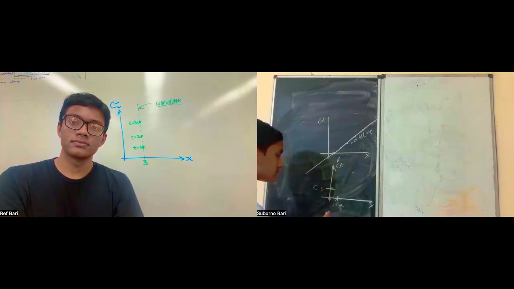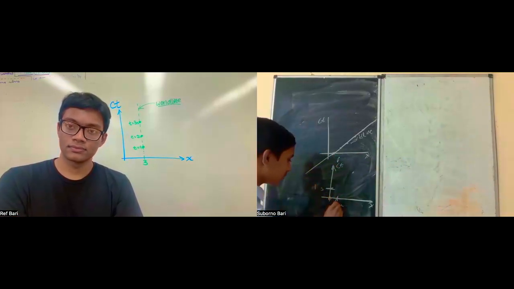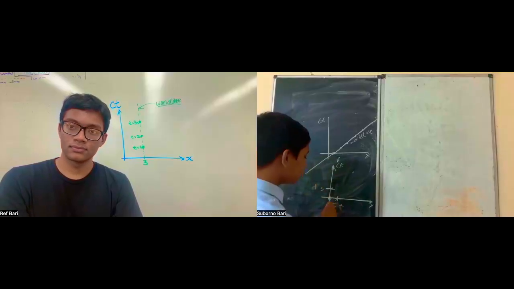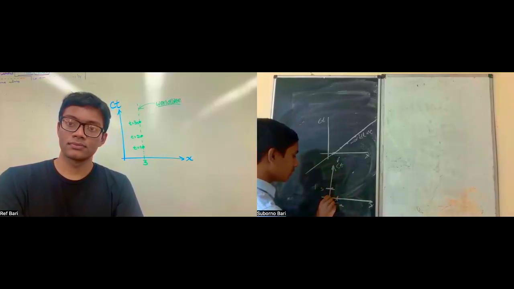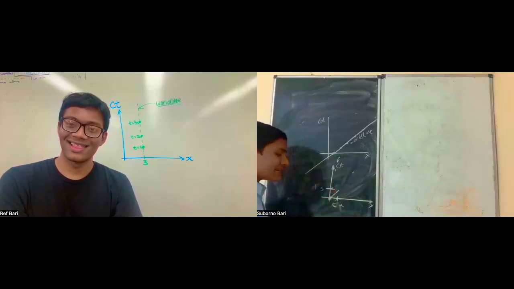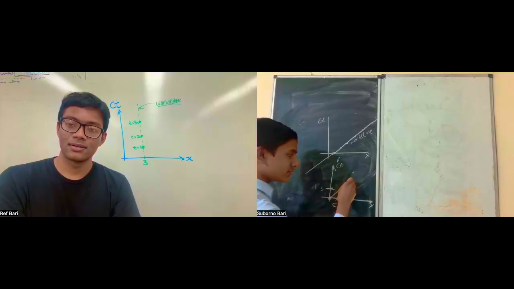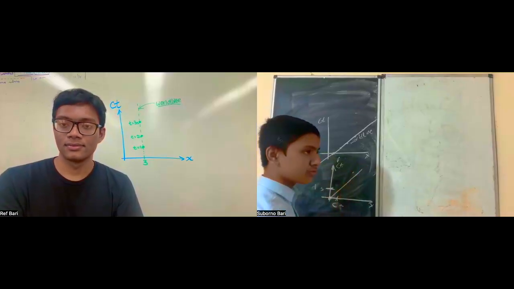If C is one space over time, then it's 45 degrees. In 1 second, it's going to travel C meters. In 2 seconds, it's going to travel 2C meters. In 3 seconds, it's going to travel 3C meters.